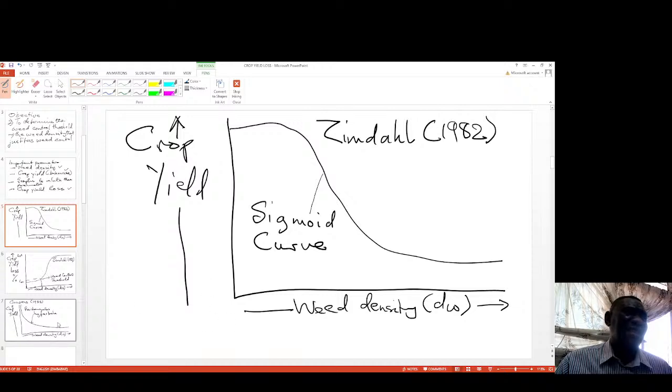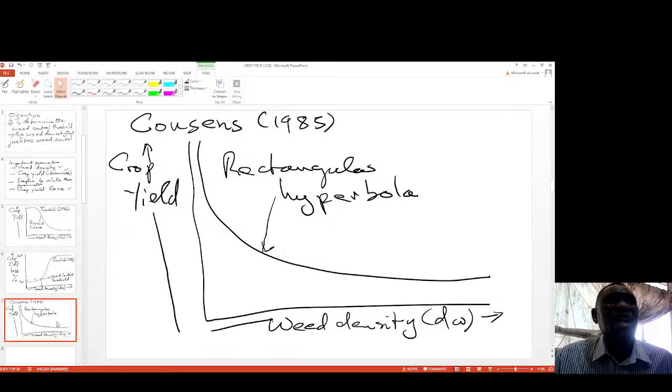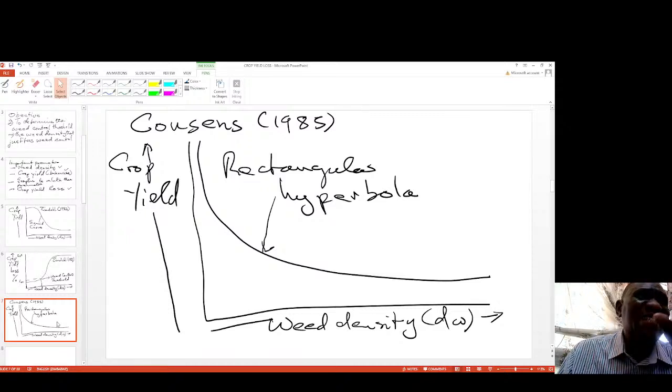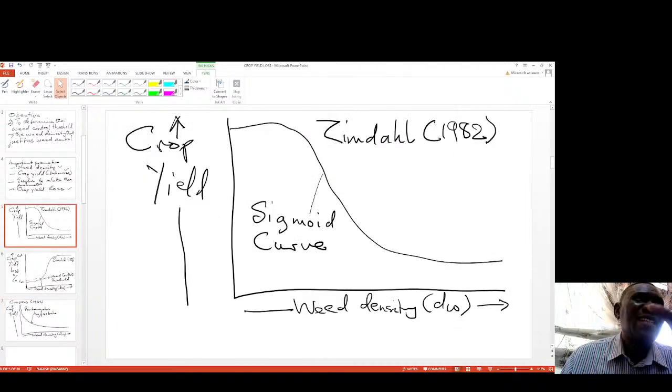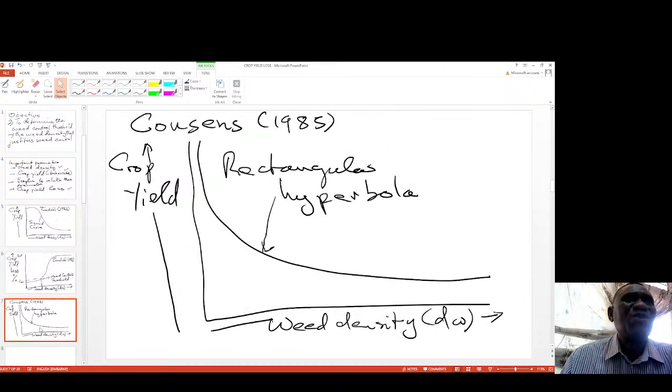And you can see, according to Cousins, there is no delay in losses, as suggested by Zimdar. With Cousins, immediately there is a serious loss once you get the weeds infecting your field.